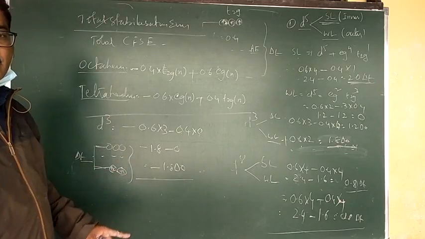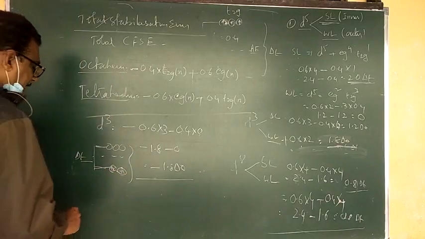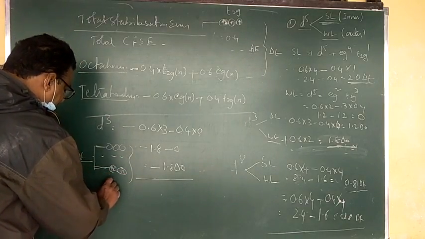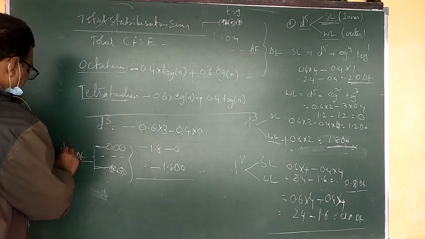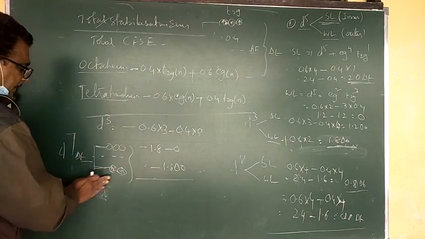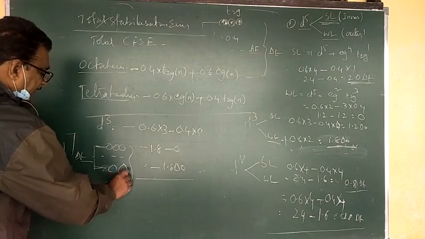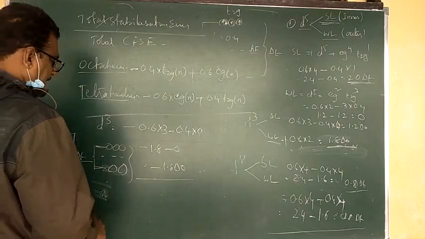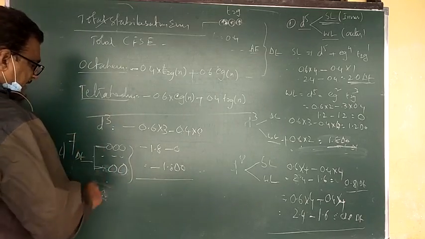The sign is compulsory and important. Now take a d7 system for tetrahedral with a weak field ligand. How to calculate the d7 system?